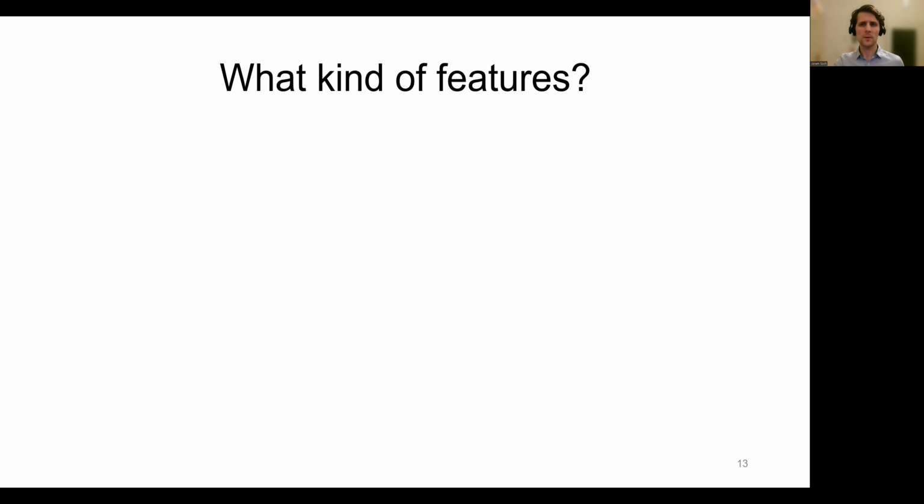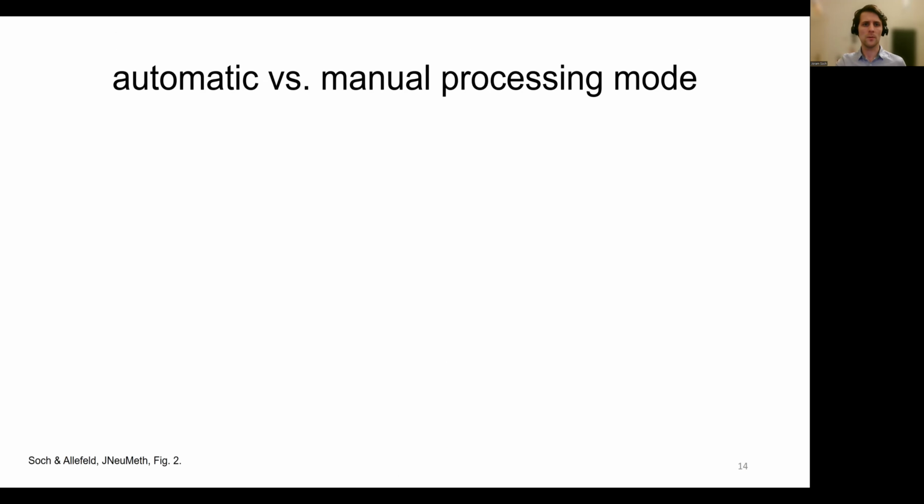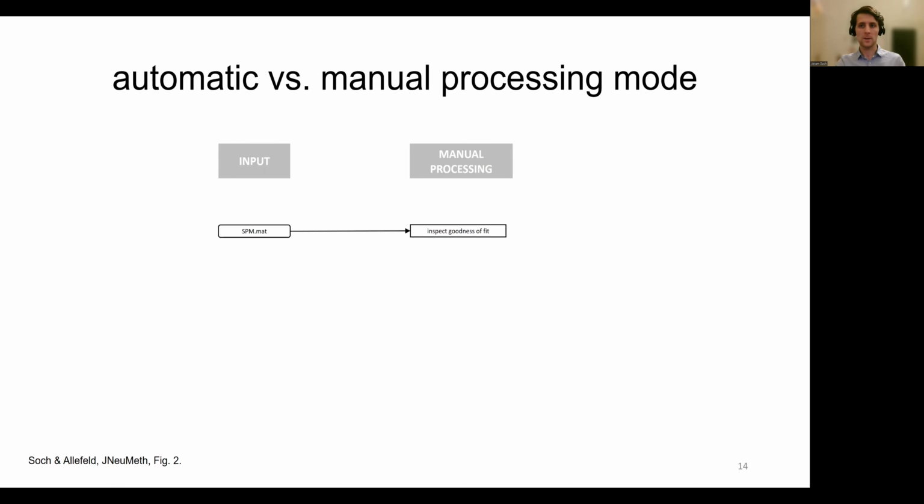So then what kind of features does the toolbox offer? First, we have a manual and an automatic processing mode in the toolbox. What does it mean? In the manual processing mode, you would take the single SPM.mat from a single model as an input and supply it to some operation and then get some output.